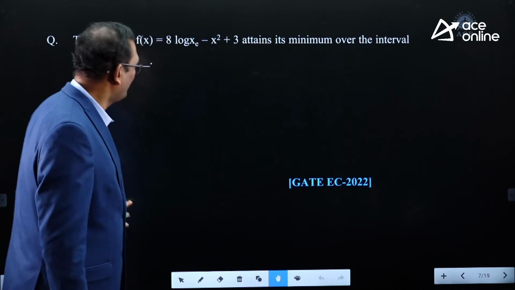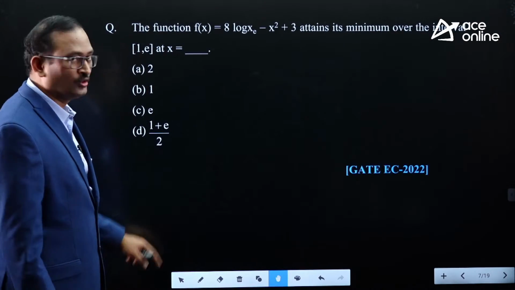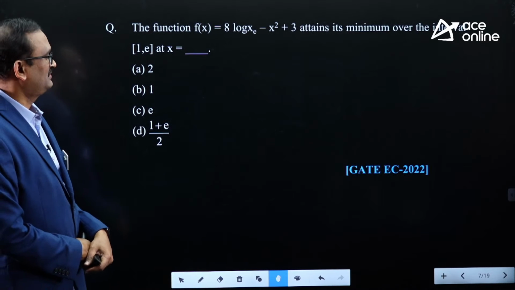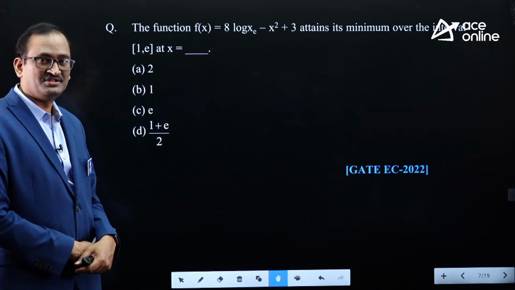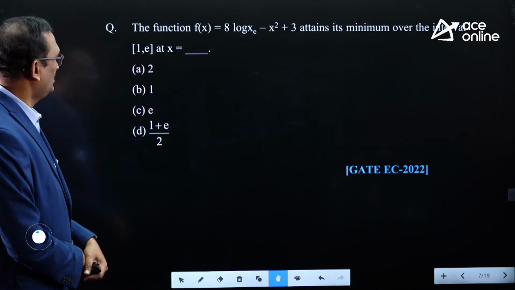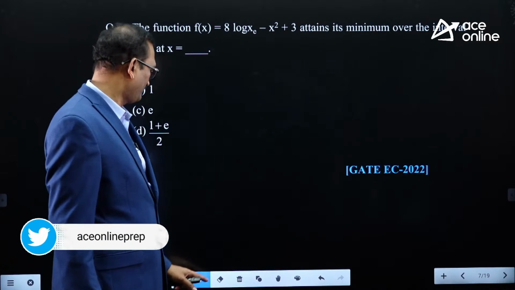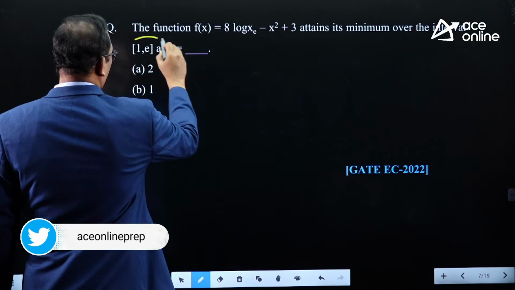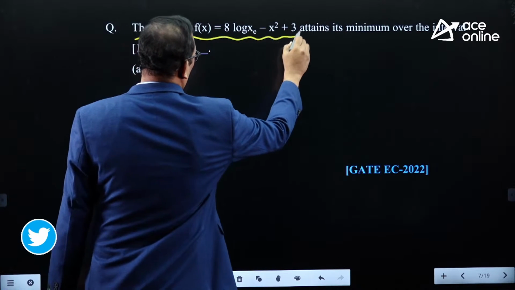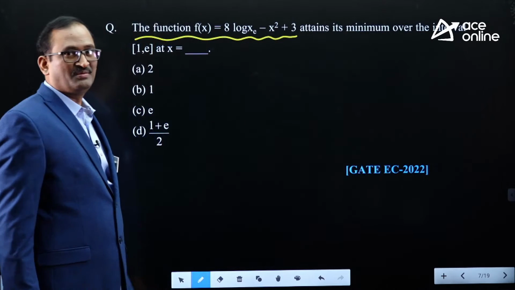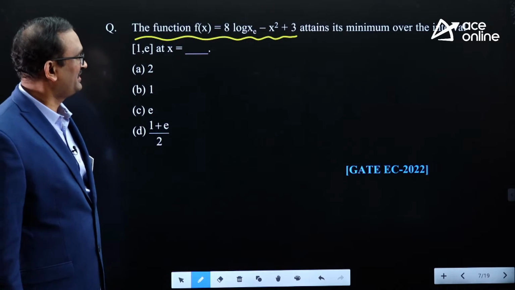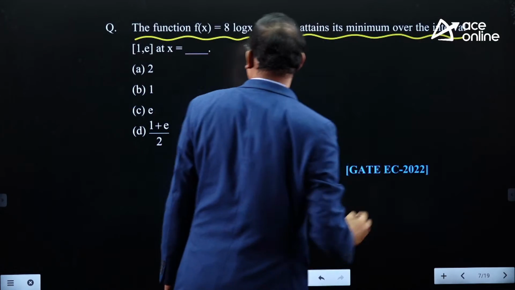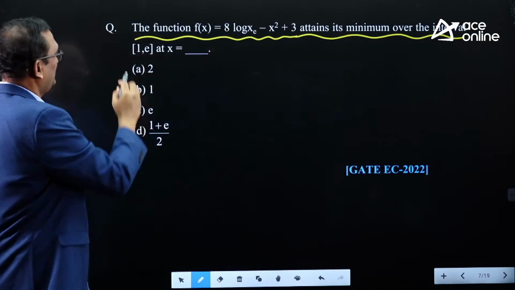This problem, related to global maxima and minima, was given in the GATE Electronics and Communication Engineering 2021. What is the question? The function f of x equal to 8 log x to the base e minus x square plus 3 attains its minimum over the interval 1 comma e.